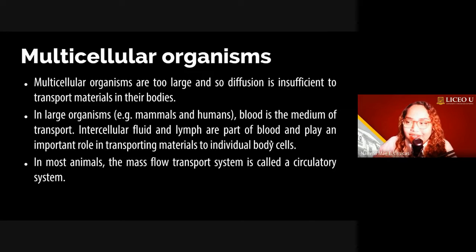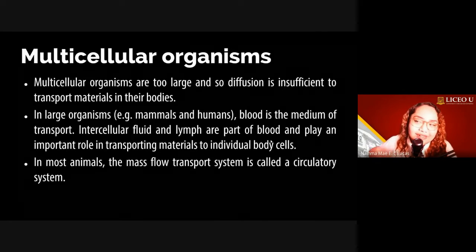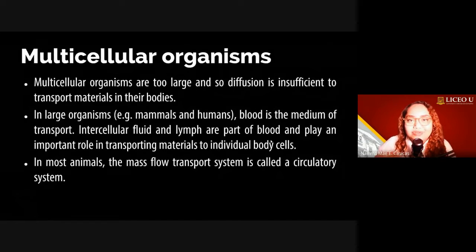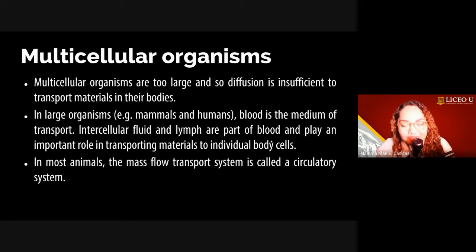No, we are not able to think quickly, we're not able to act quickly, we're not able to run and walk quickly. So we would be like these unicellular beings. We just exist, no? So that is why, since we are large organisms, we need to have a true circulatory system. So blood is the medium of transport.